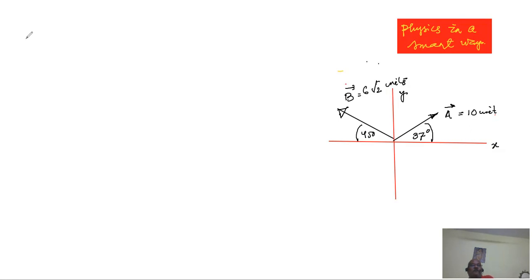We are going to the third analytical method, that is the unit vector method, or some people also say the I cap, J cap, K cap method. You might be slightly surprised if you have not seen them before, but they are not monsters. They are simple and dealing with them is very easy.